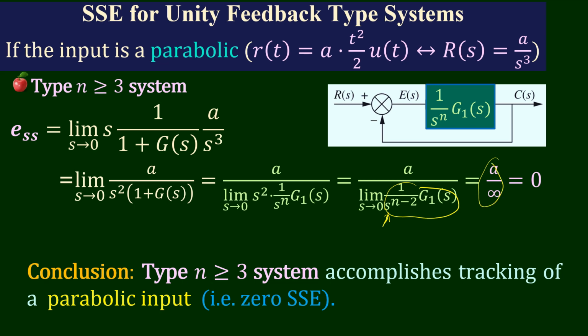So we will have 1 over infinity, so the steady state error will be 0. This means that if the type is greater than or equal to 3 for a parabolic reference input, then the steady state error of the closed loop will be 0 if the closed loop is stable. So the conclusion, for type n greater than or equal to 3, such a system can accomplish the tracking of a parabolic input, that is the steady state error will be equal to 0.